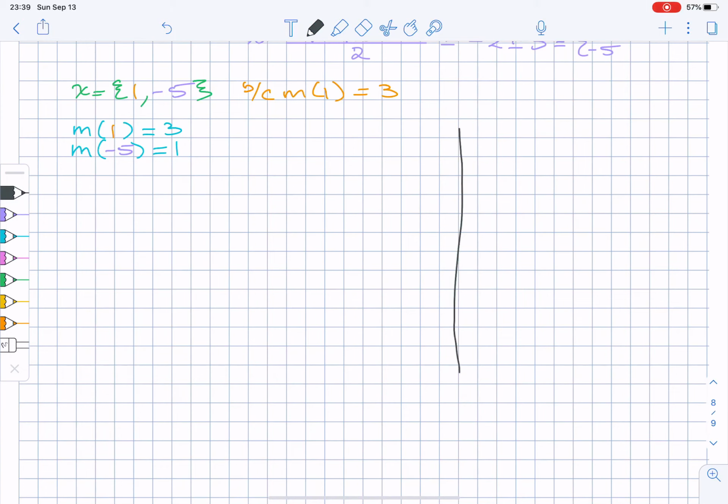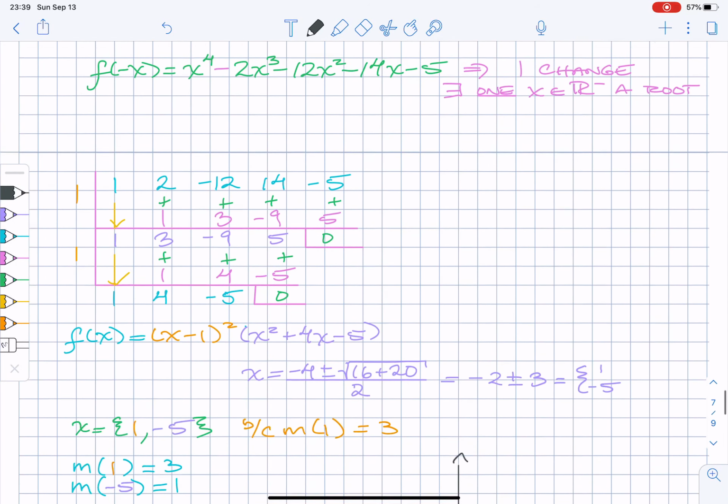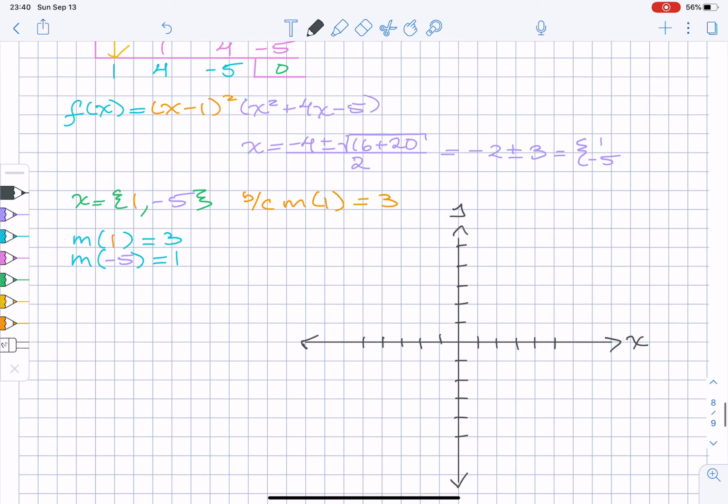So x and y coordinate axes. My y-intercept is negative 5. Okay. So 1, 2, 3, 4, 5 on x and y. Okay, so what were my intercepts?